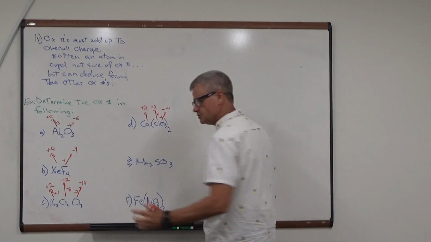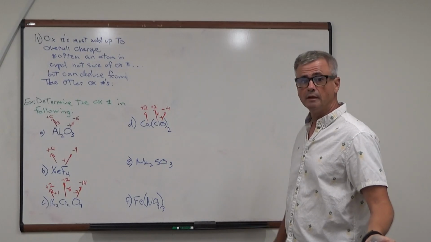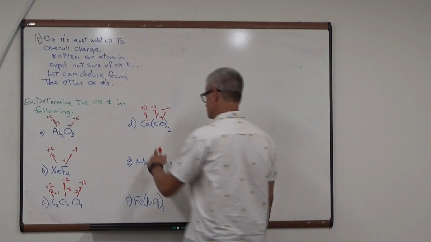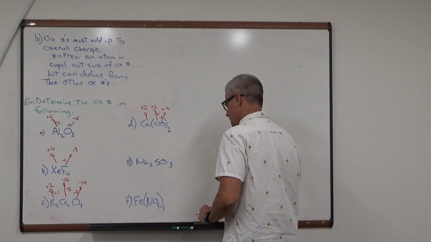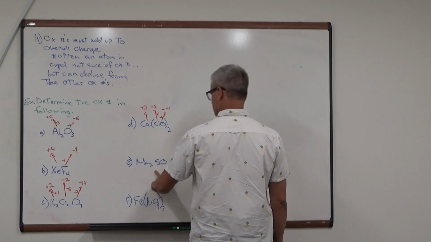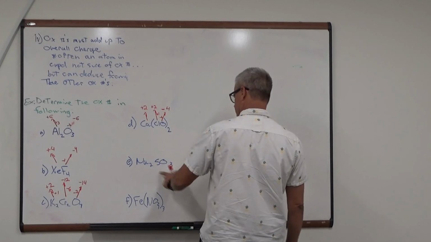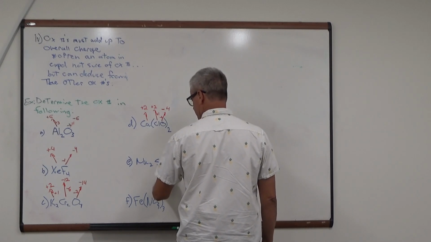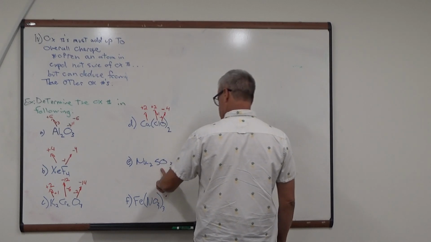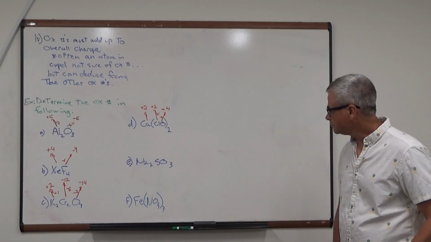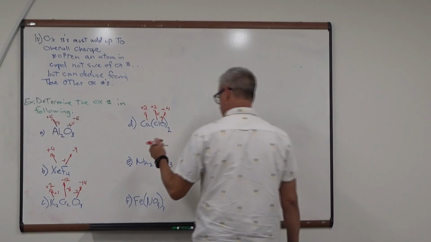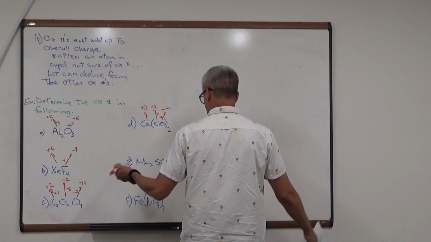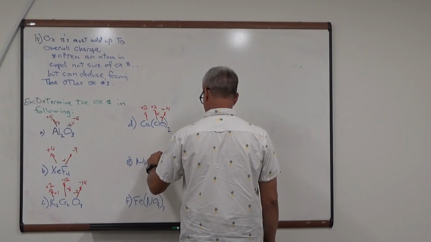Remember we said that the halogens are usually -1, except when they are in compounds with oxygen. This is sodium sulfite. You again may have learned that this polyatomic ion is a -2 anion, but actually you don't even need to remember that to do this.